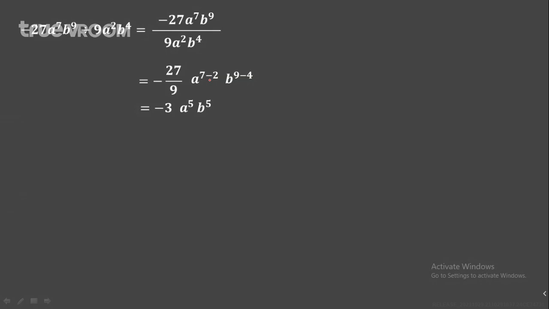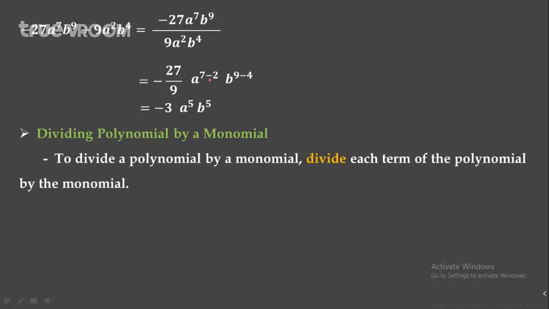So your knowledge about dividing a monomial by a monomial, you will use it in dividing a polynomial by a monomial. Don't worry, because what you have learned in this part, you are going to apply to this part.